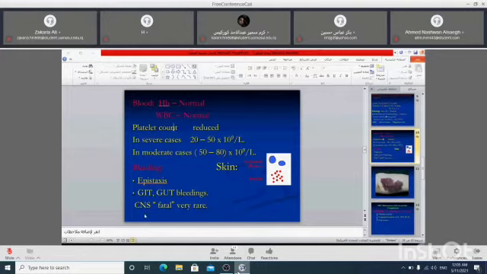The dangerous condition is CNS bleeding, which we see in very low platelet count.